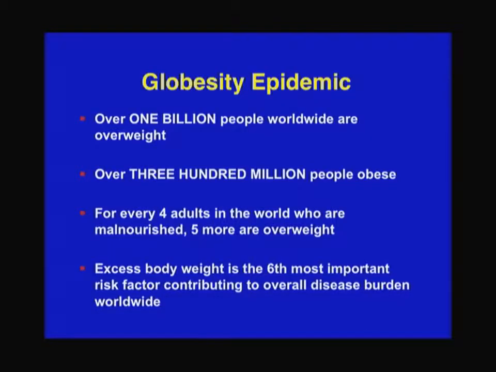And I'll show you that statistically in a moment. And excess body weight now is estimated, it's higher in the United States, where it's the second most important risk factor. But even internationally, it's the sixth most important risk factor contributing to overall disease burden. In the United States, it's number 2, second only to cigarettes.